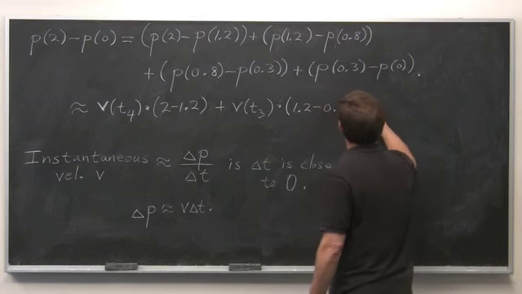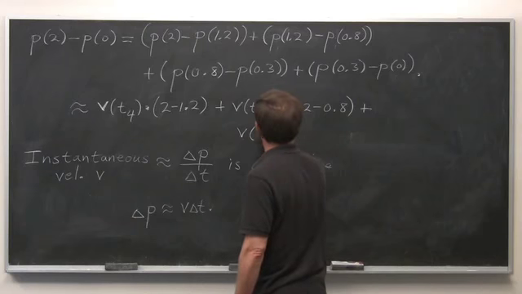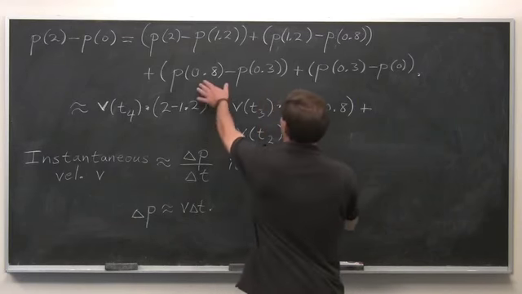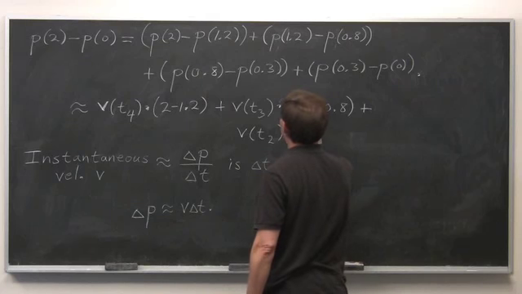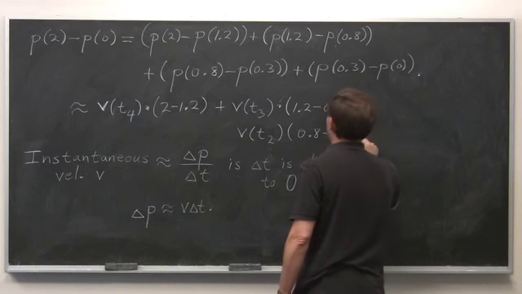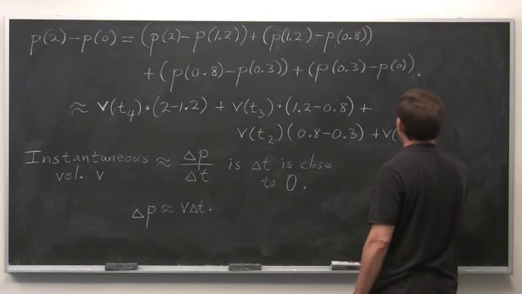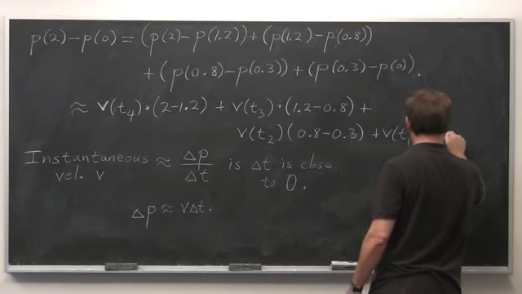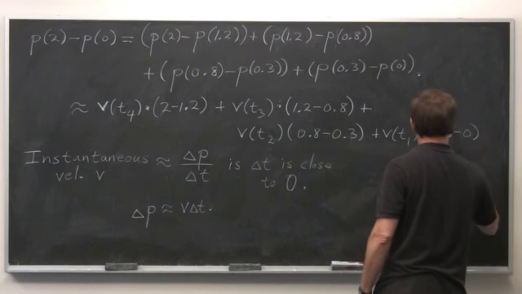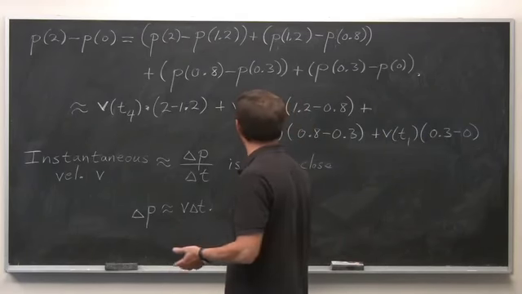And we'll add the velocity at time t2 times the change in time on this subinterval. And then finally we'll add the velocity at time t1 times the change in time here. Okay, so this is going to be our approximation for the displacement.